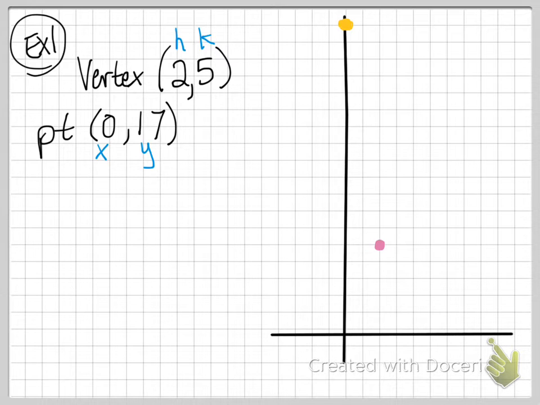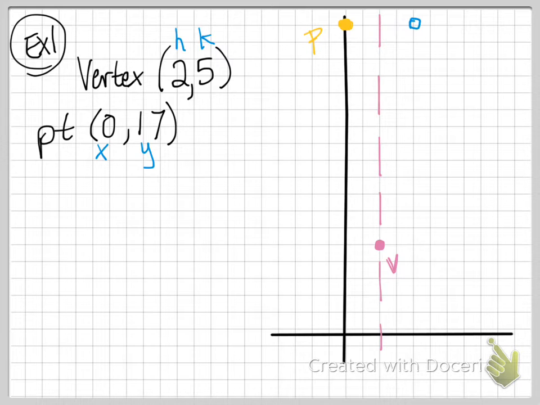Okay? So if I remember right, there's this thing called an axis of symmetry. The axis of symmetry cuts through the vertex, right? Okay, so if it cuts through the vertex, that means there's a mirror image. That means that point is reflected on the other side. So how far away is that point from the axis of symmetry? Well, it's 2 away.